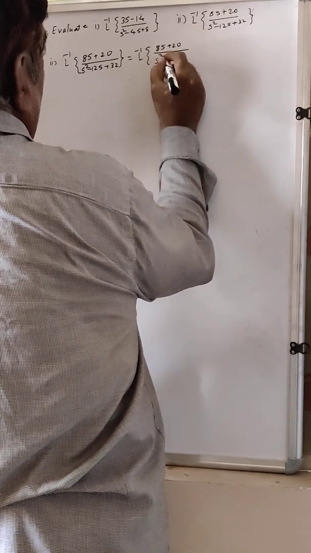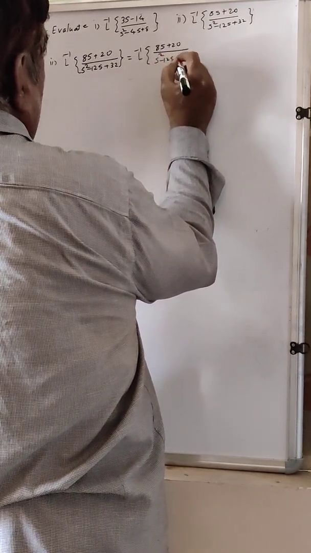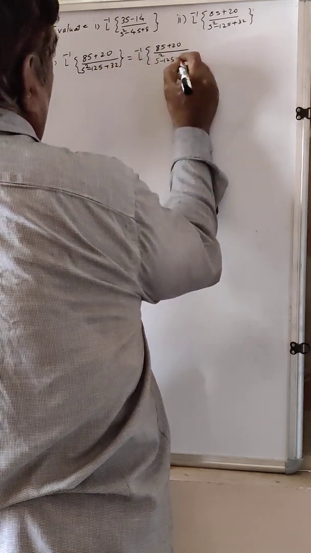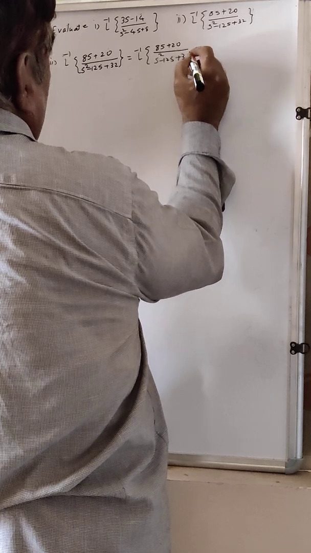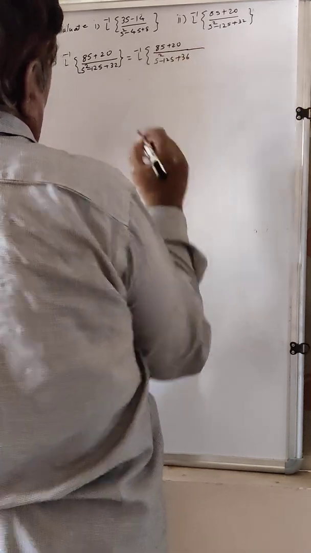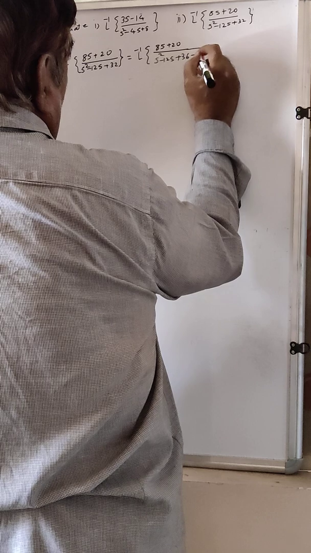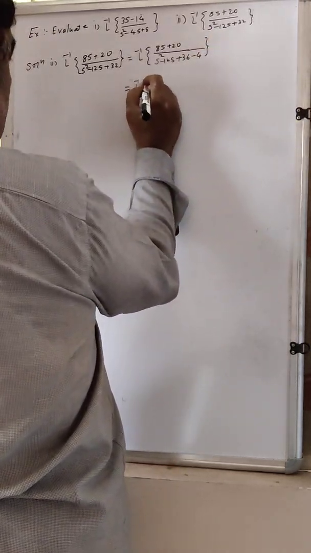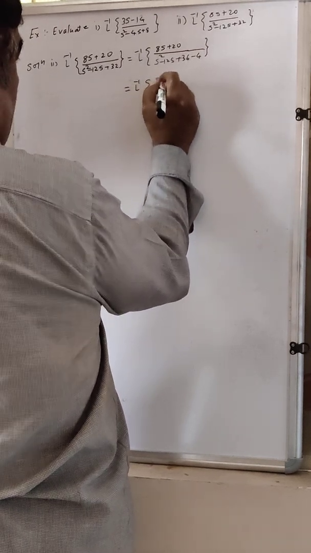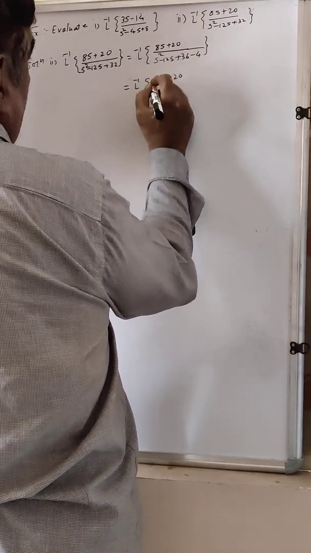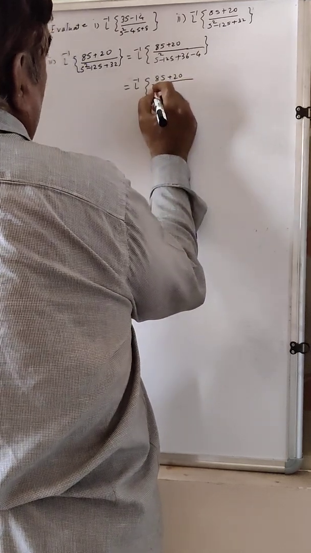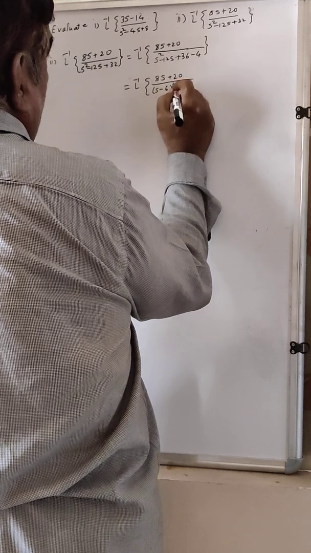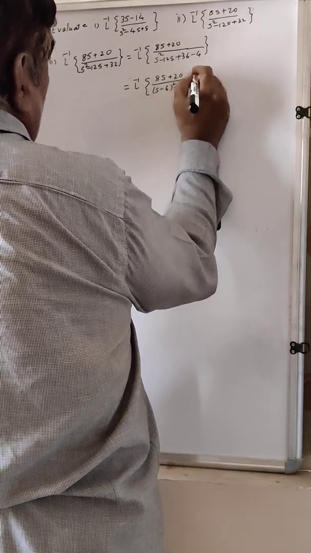Therefore here s square minus 12s, here 2 into 6, therefore here 36. If we add 4 then subtract 4, is equal to Laplace inverse of (8s plus 20) upon (s minus 6) bracket square minus 2 square.